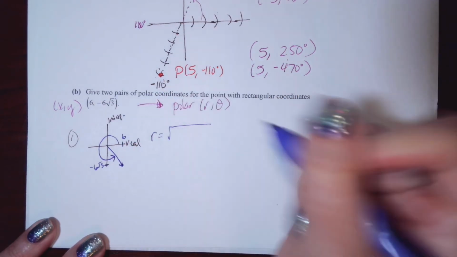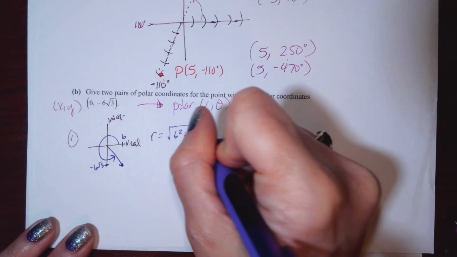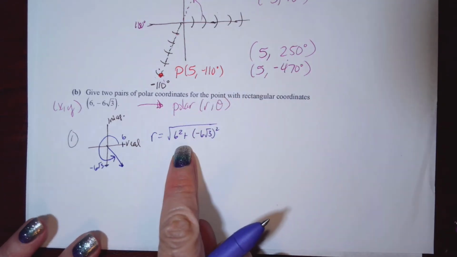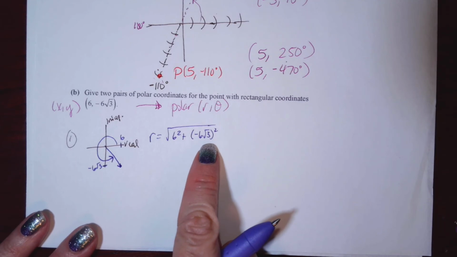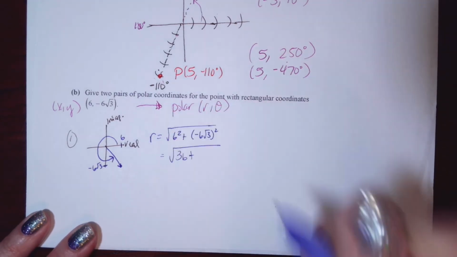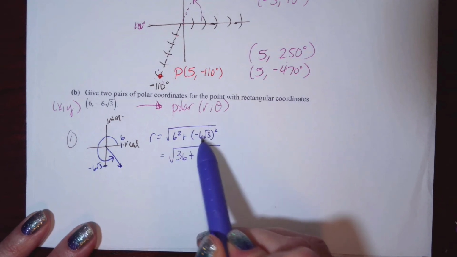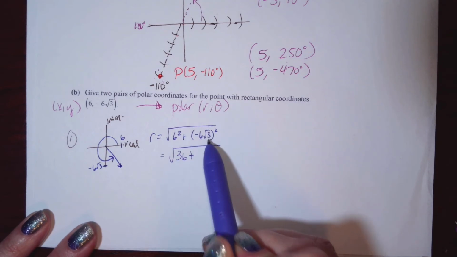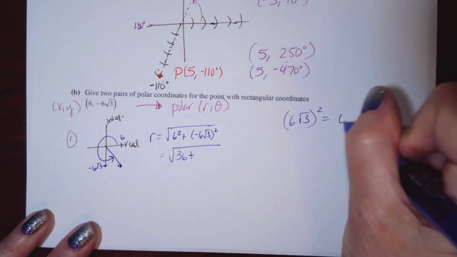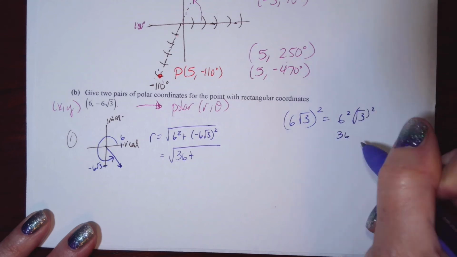r is the square root of x squared plus y squared. Now let's give this a little bit of thought because we haven't done this before. 6 squared is 36. That's very straightforward. I know this is going to come out positive. Negative 6 square root 3, squared, is the same thing as 6 squared times square root 3 squared. 6 squared is 36.